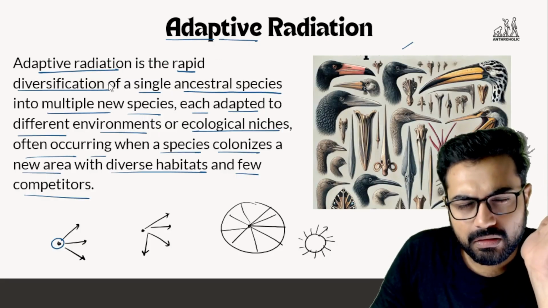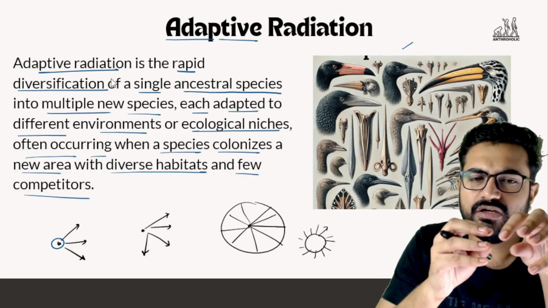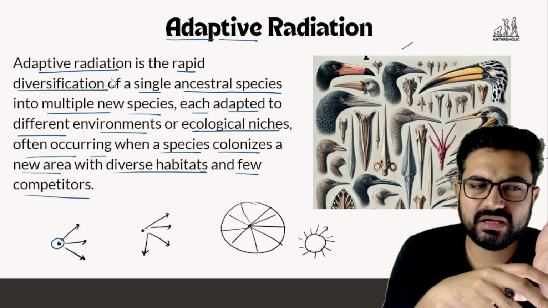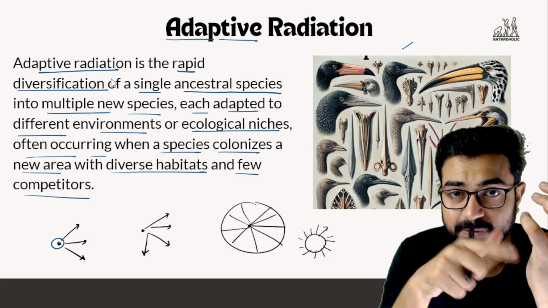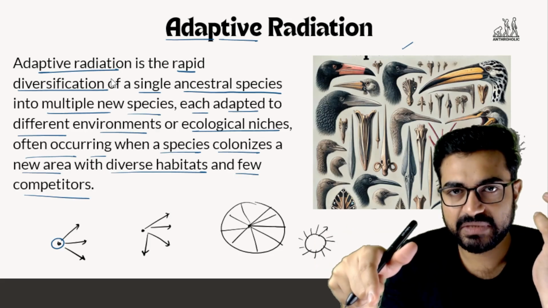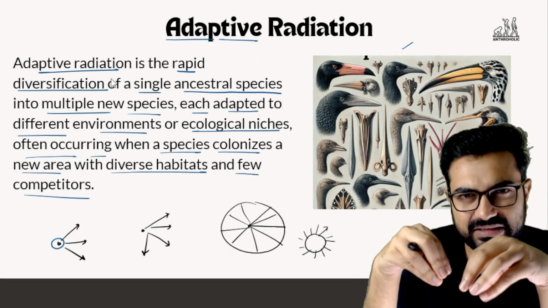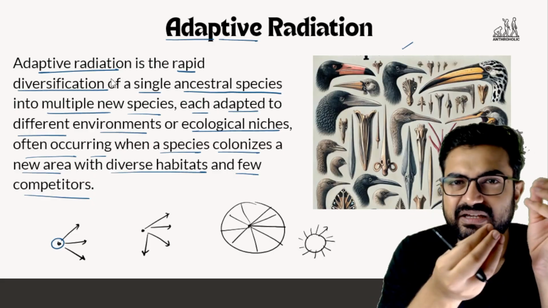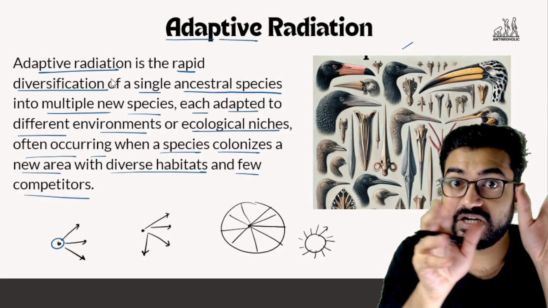So what happened is there was a common ancestor in their story, which had certain bird-like features, and it started evolving as per the situations, as per the demands. There are birds adapted for terrestrial as well as aquatic habitats. They feed on aquatic organisms, they have webbed feet, they have different features.